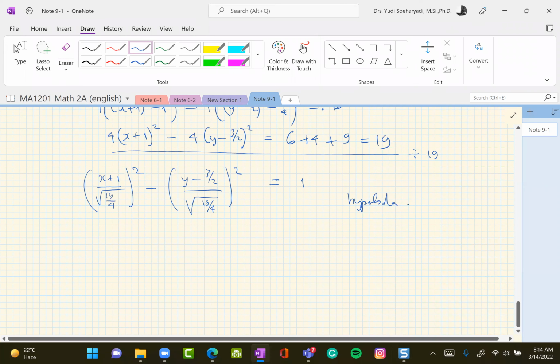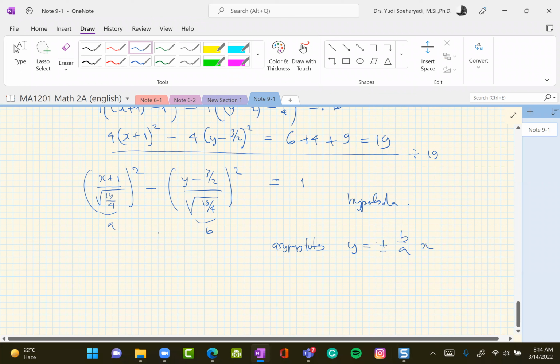Okay. Hyperbola with this A, this is B. So the asymptote is y equals B over A. Sorry, it should be plus minus B over A x.